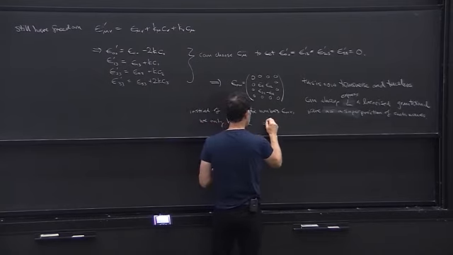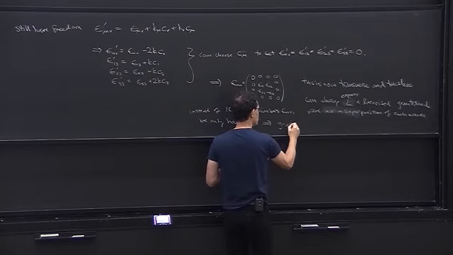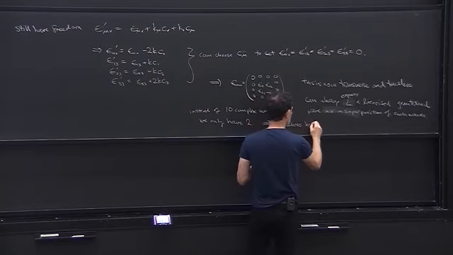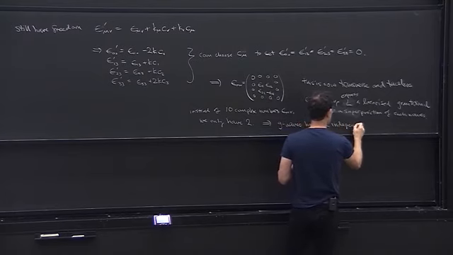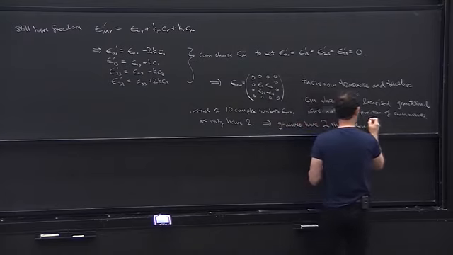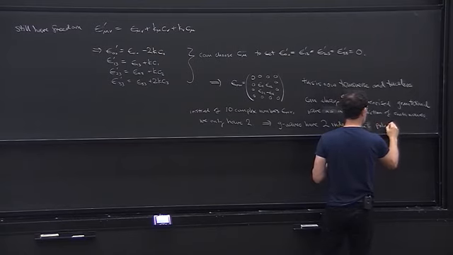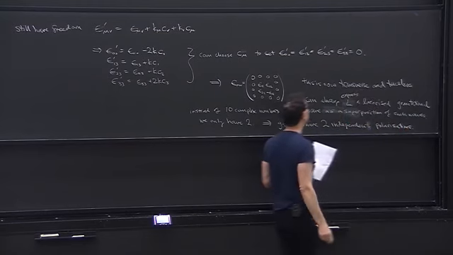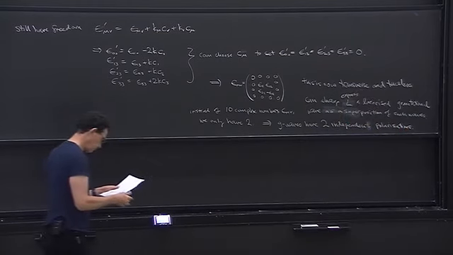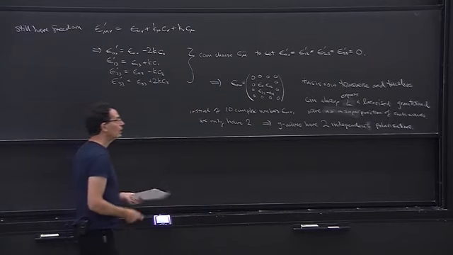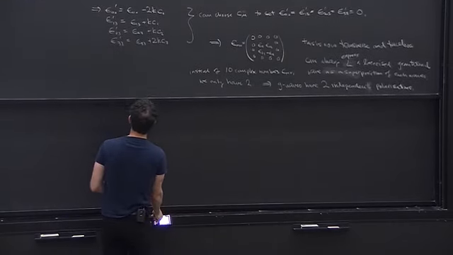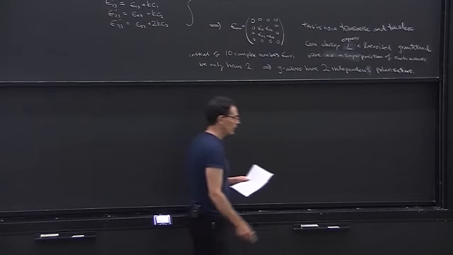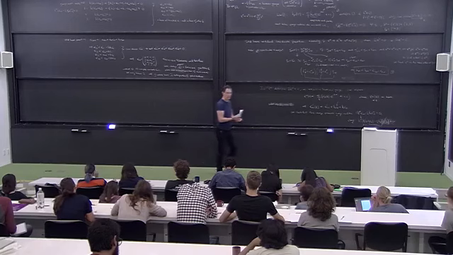And we therefore say gravitational waves have 2 independent polarizations. Are there any questions?